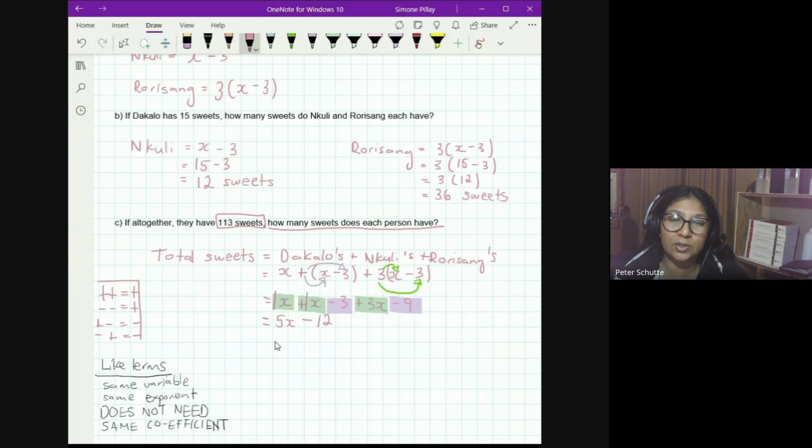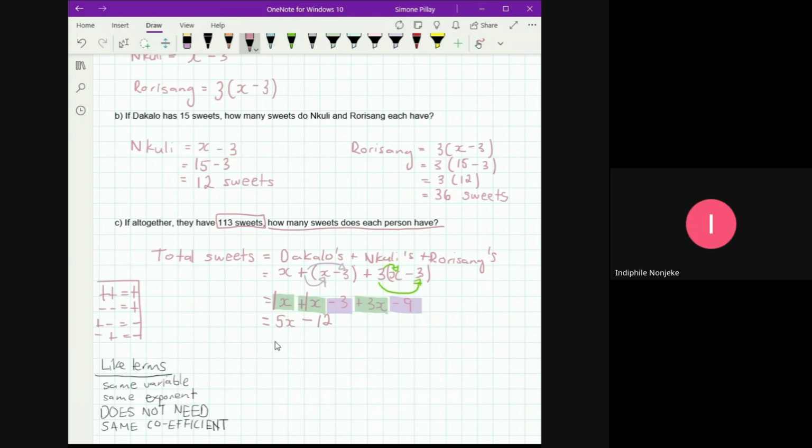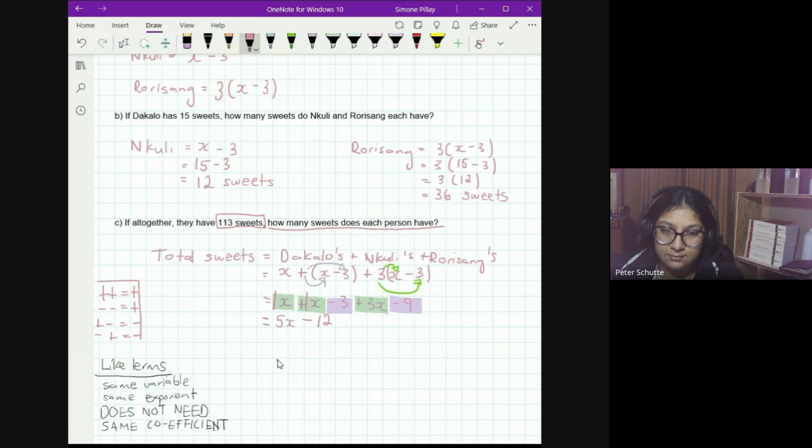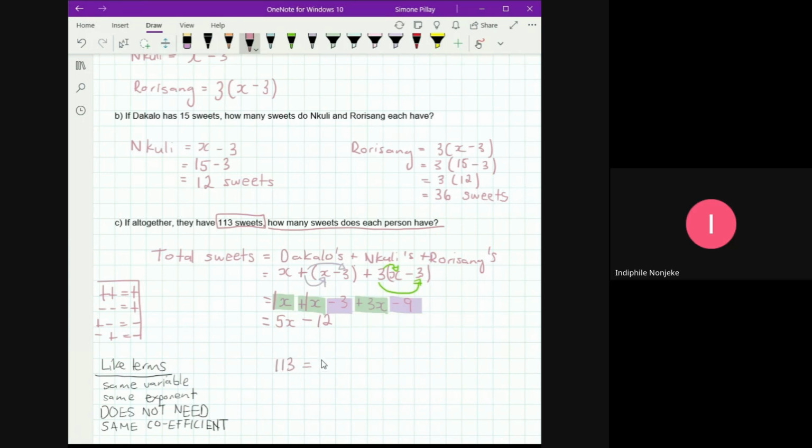Now what I'm telling you is that all together they have 113 sweets. Do you think you know what you're going to do here? Yes, ma'am. What do you think? Ma'am, since our total is 113, our y is going to be 113, and for our negative 12, we're going to cross it through our bracket, and it's going to be positive 12. So it's going to be 113 plus 12. Oh, yes, you're right.